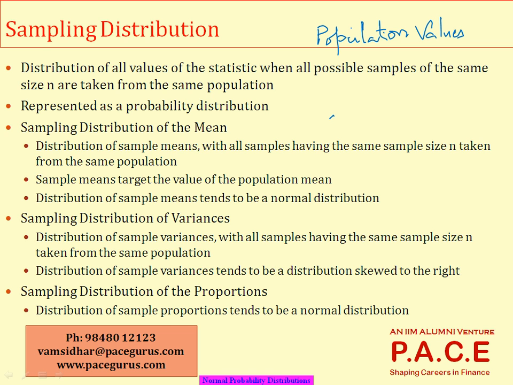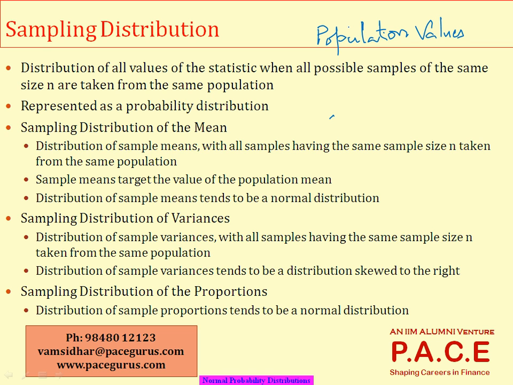Let's say I want to find out the average height of an Indian male. Now, going to each and every male and finding his height is a typically difficult problem, because by the time I measure the heights of all the people, new people will come into the picture.